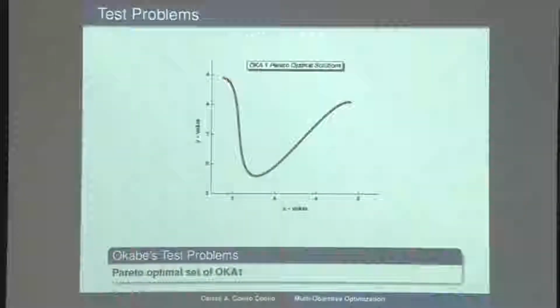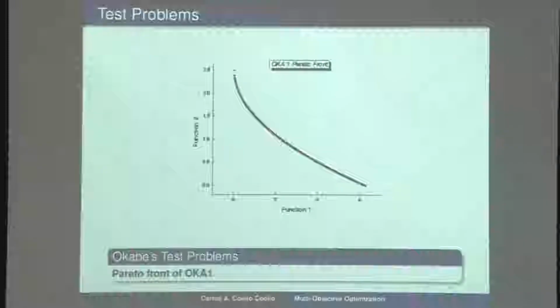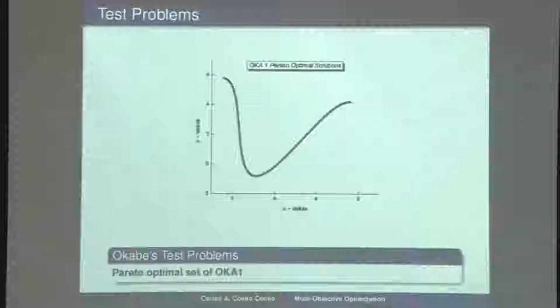Something really interesting about this problem is that the mapping between decision variable space and objective function space is highly nonlinear, to such an extreme that sometimes you have a solution that is very close here. It looks like you almost reach this curve. You are slightly above this.